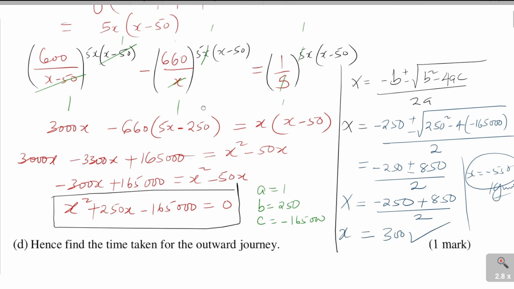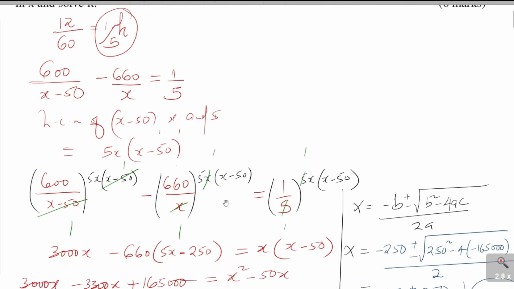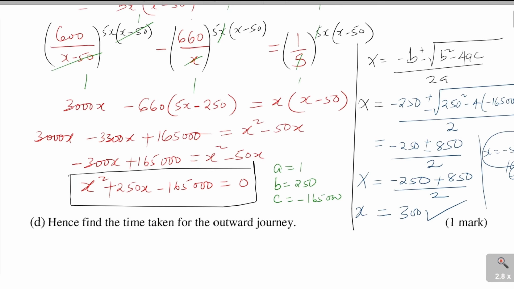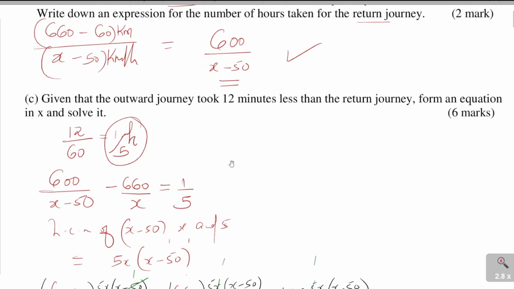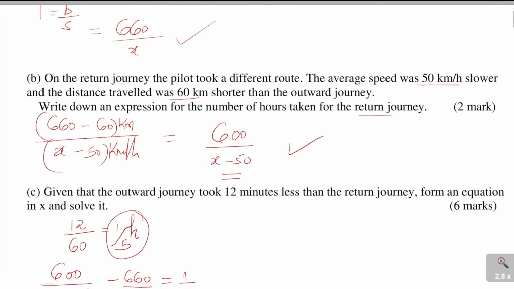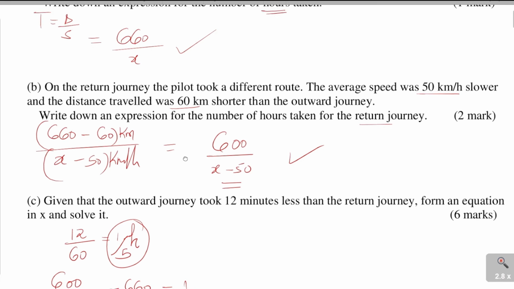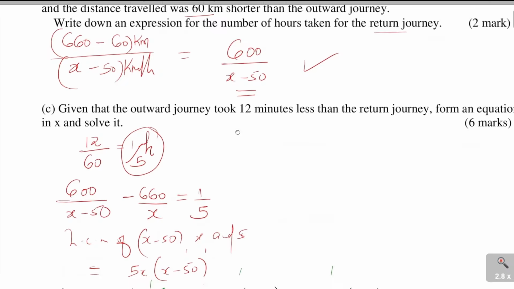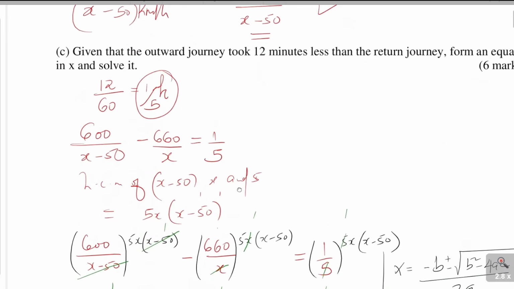So we have formed the equation in x, and we have solved that equation to get 300. Then the last part is to find the time taken for the outward journey. Remember, the expression for the outward journey was 660 divided by x.